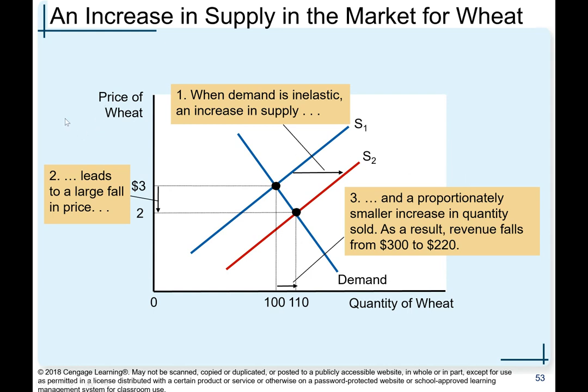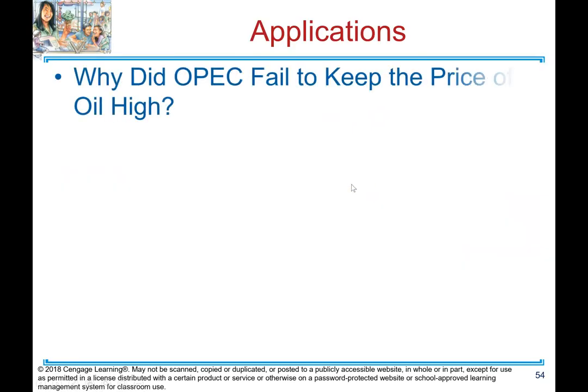Price goes, in this example, from 3 to 2, and a proportionately smaller increase in quantity sold. As a result, revenue falls from 300 to 200. So when demand is inelastic, an increase in supply will lead to smaller revenue, or revenue falling.